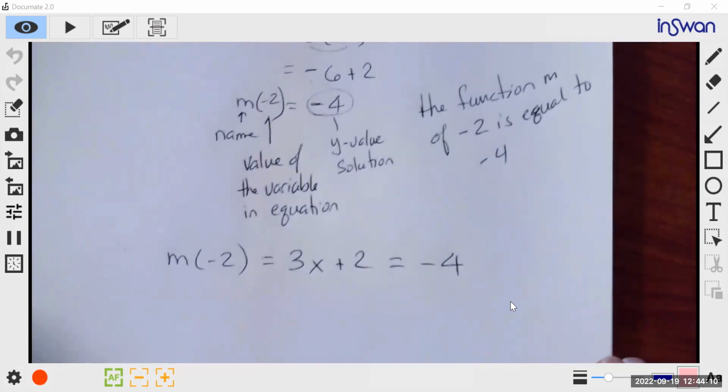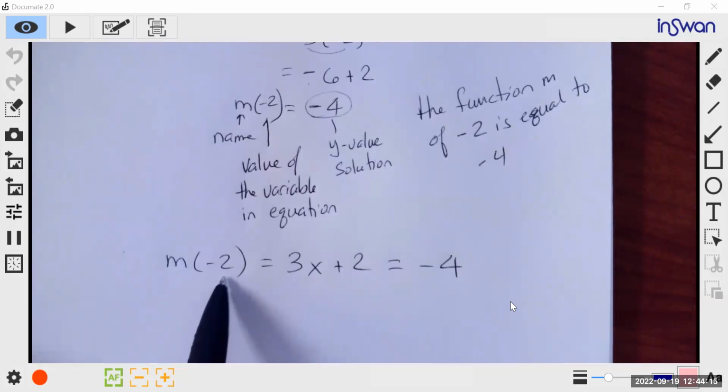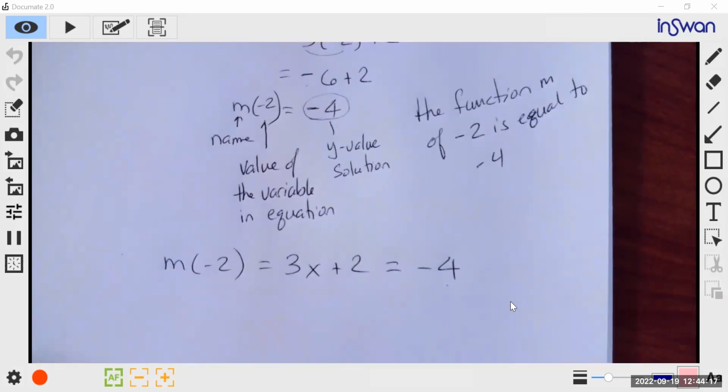So there you have the entire path of it. M of -2 is equal to -4. So that's what a function is about.